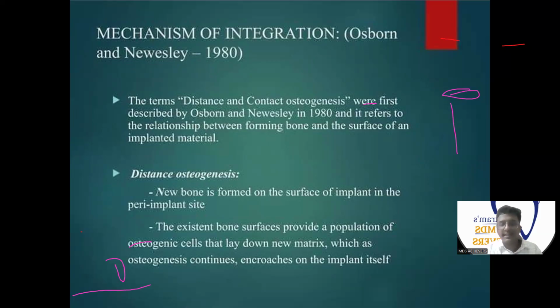Distance osteogenesis is when new bone is formed on the surface of the implant in the peri-implant site. The existing bone surfaces provide a population of osteogenic cells that lay down the new matrix, which, as osteogenesis continues, encapsulates the implant itself.